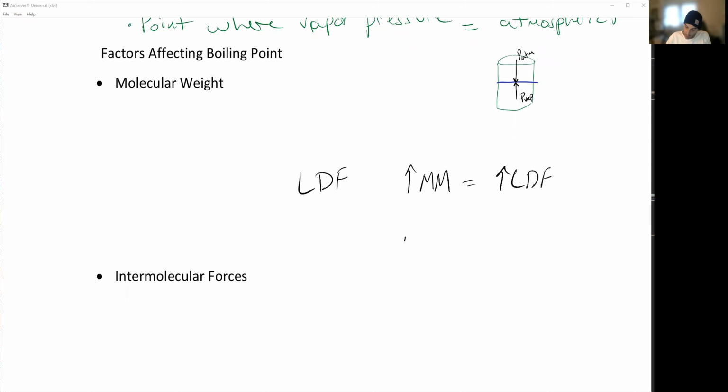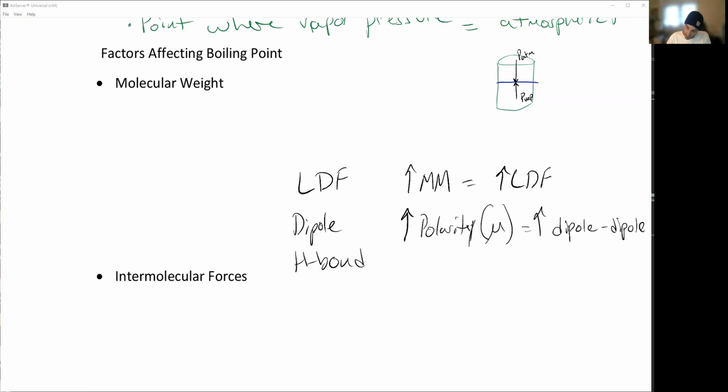So for dipole, an increase in polarity, as it's measured by dipole moment, which is mu, is equal to an increase in dipole forces. And then finally, hydrogen bonding. And again, you need something polar in order to have hydrogen bonding.